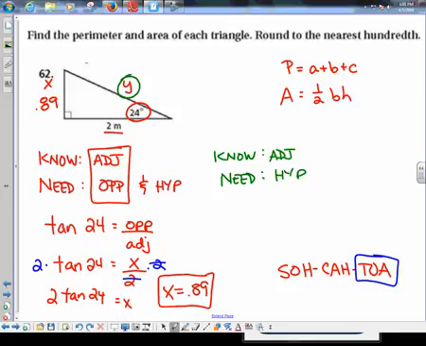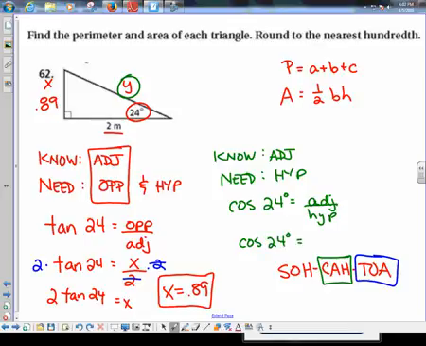So I come down to my SOHCAHTOA and I think about what uses A and H. Well, that's cosine. So I can say the cosine of 24 degrees equals the adjacent over the hypotenuse. And let's fill in what I know. Cosine of 24 degrees equals, adjacent is 2, and the hypotenuse is y.